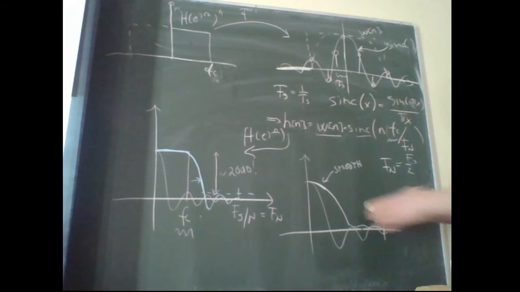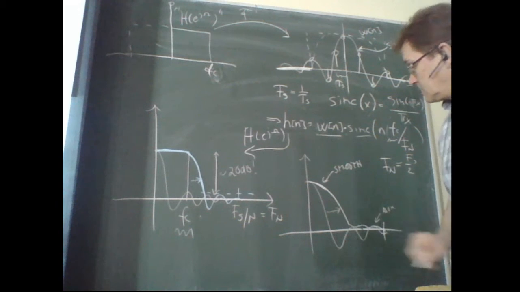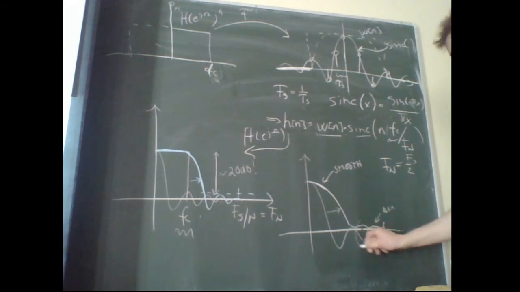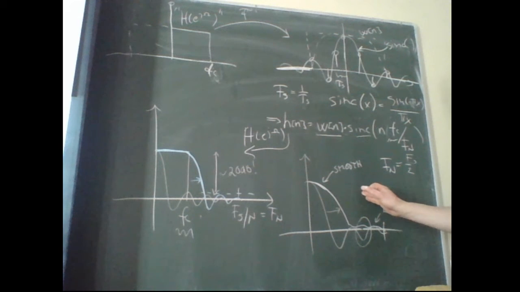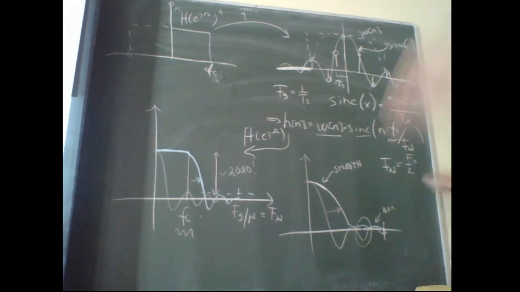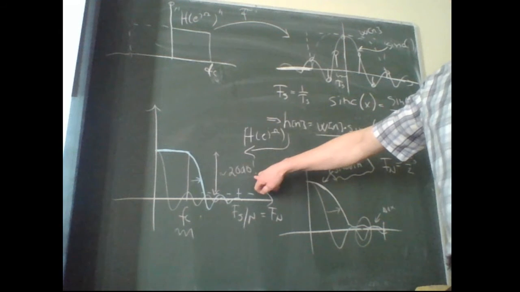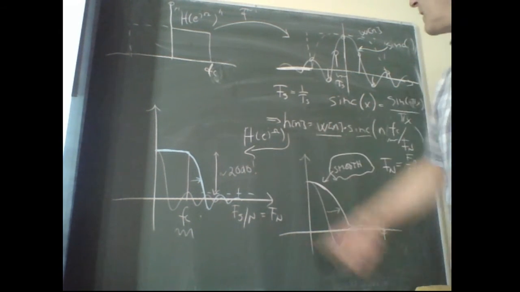The cost is that it widens the transition bandwidth, but the difference is more attenuation on stop band. Good. All right, so smoothing the window basically gives you control on the stop band attenuation.